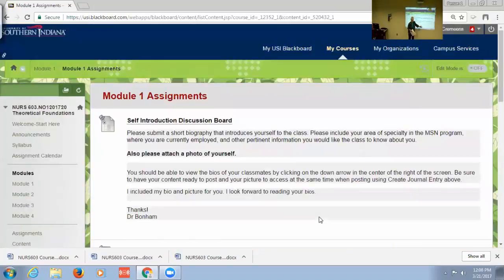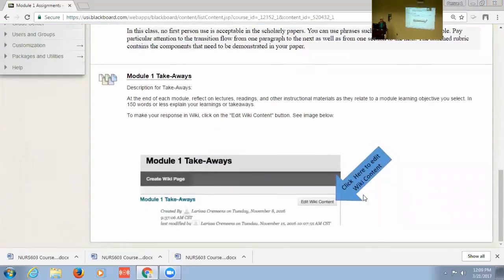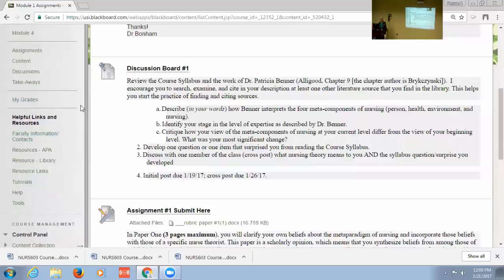I mean, what does that mean? That seems like wiki, that means edit, as opposed to this is where you make your entry. And so that's why we actually put that there, so that people would understand that they would click there to do their wiki content. Any questions so far?